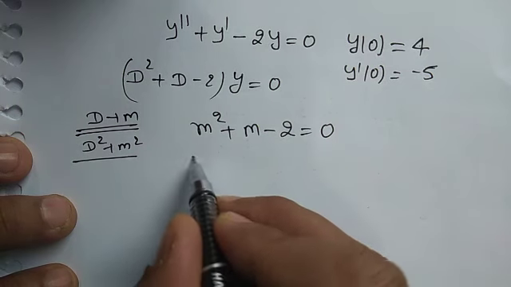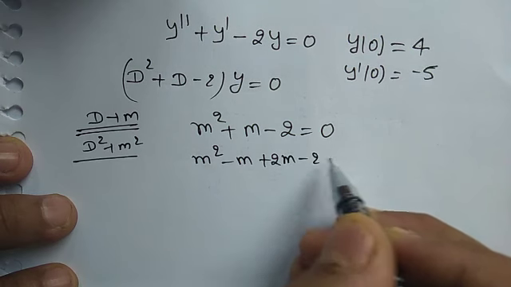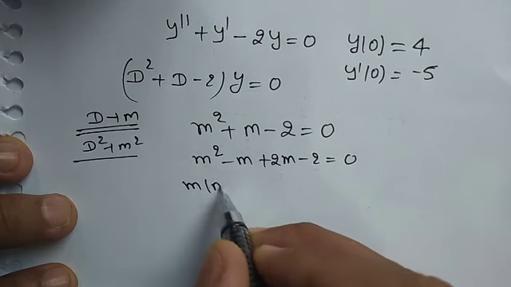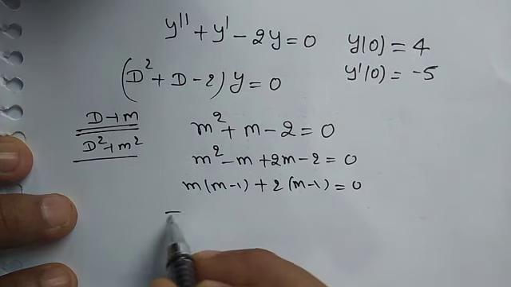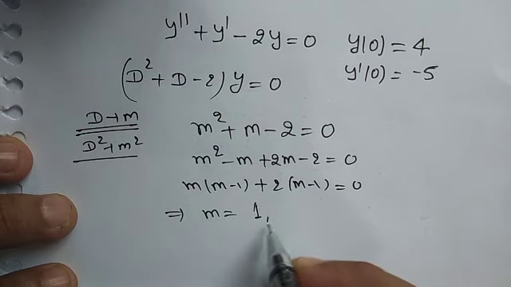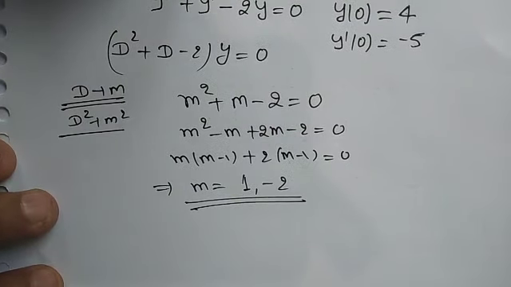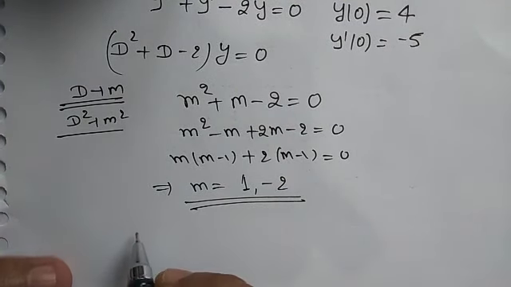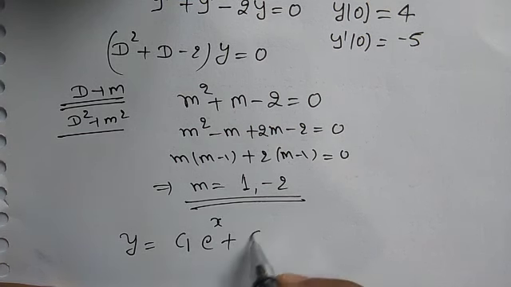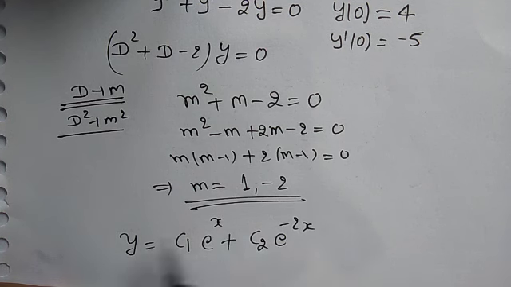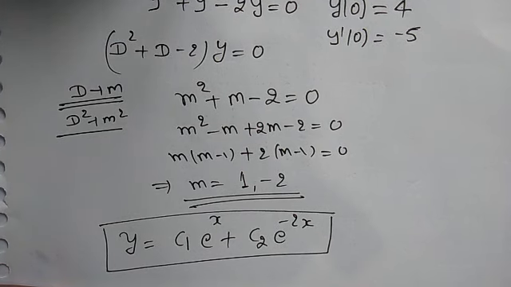We can factorize it: m square minus m plus 2m minus 2 equal to 0, so (m minus 1)(m plus 2) equal to 0. So the roots are m equal to 1 and minus 2. This is the real and distinct root case. So the general solution y will be c1 e power x plus c2 e power minus 2x. This is the general solution of the given differential equation.